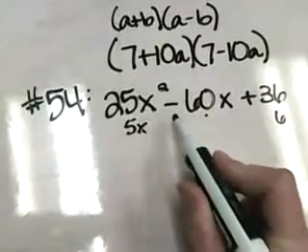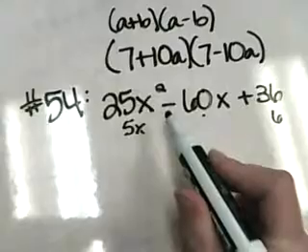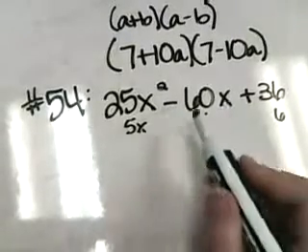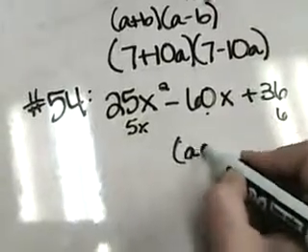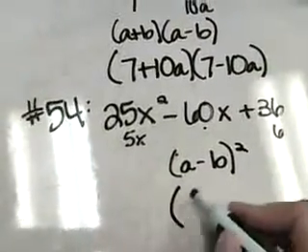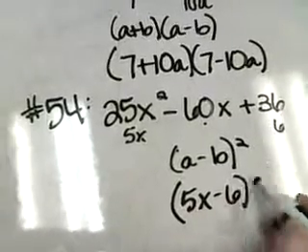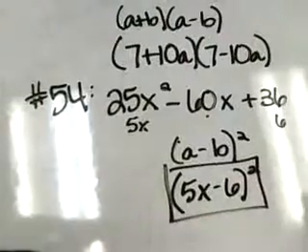Remember, the sign doesn't matter when you do that. All right. Then I think, yes, this is a perfect square trinomial. Is it plus plus or is it minus plus? It's minus plus, so that means I use a minus b quantity squared, or in our case, 5x minus 6 quantity squared. There's my answer.